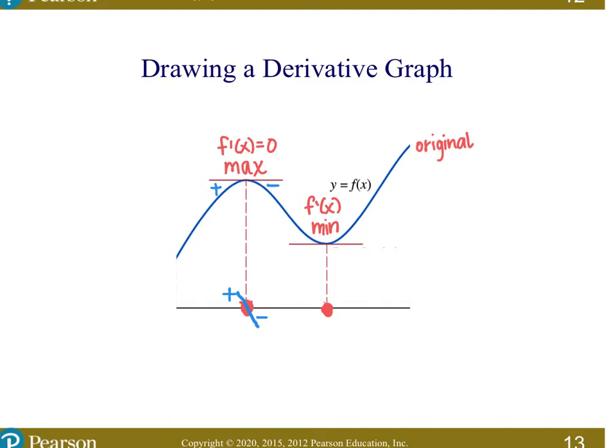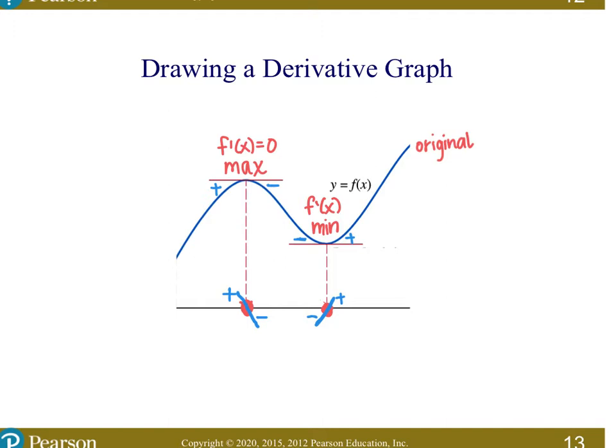Then going over to our minimum, we go from a minus slope, a decreasing, and we switch to an increasing, a positive. When we drop that down, we'll go from a minus to a plus, and so we'll cross that way, crossing from below the x-axis to above.